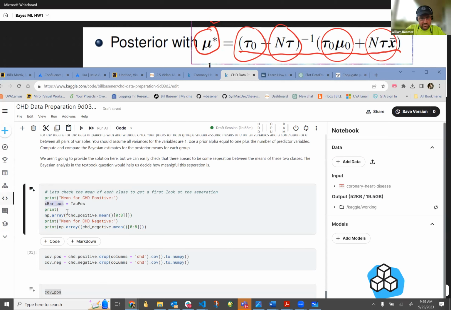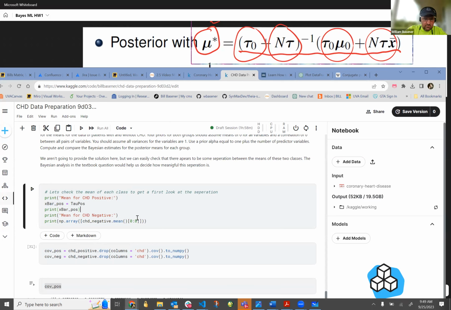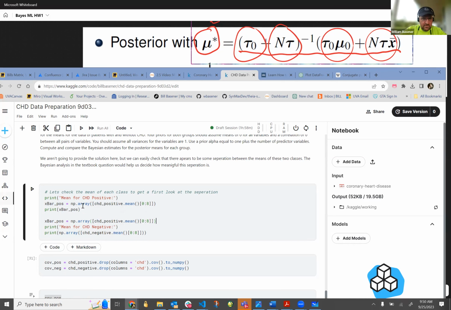So x bar positive is this, and then I want to print x bar positive. That does the positive case, and let's do the negative case, where CHD is negative.